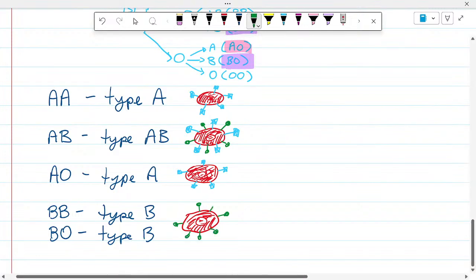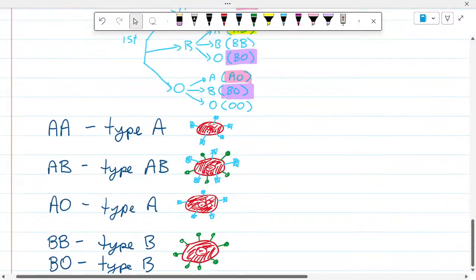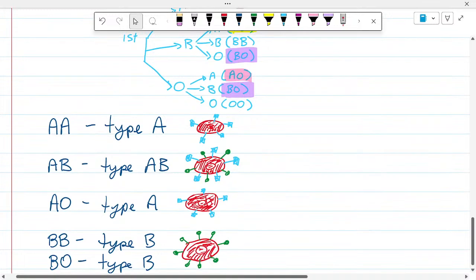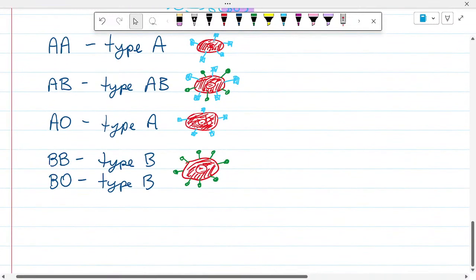This is nice because when I teach this lesson next unit, it's going to go so fast because you're going to already know it. And then what's the last possibility? We've done AA, AB, AO, BB, BO. And finally we have OO, and that is just what we call type O.